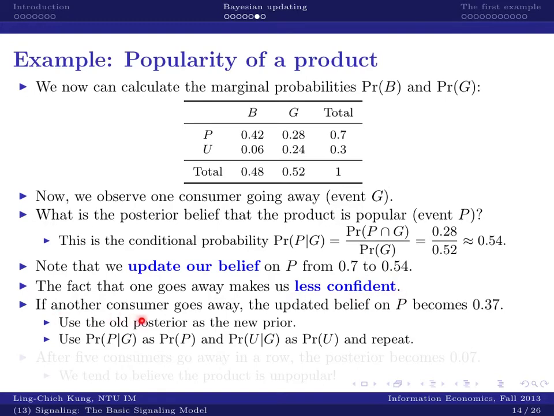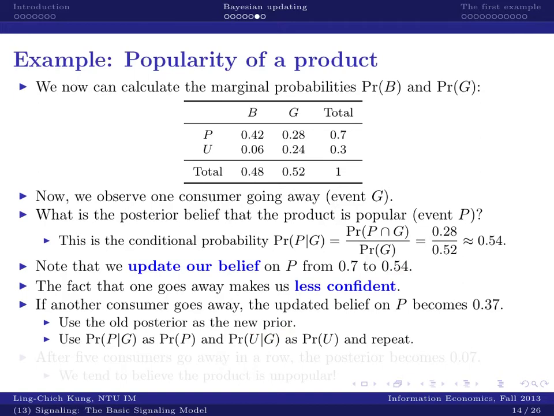If another consumer comes and then goes away again, I will do an update again. In this case, I will use my old posterior beliefs, 54 and 46, as my new priors. You may enter 54 and 46 here, and then do this calculation again. You can see that my belief would become 37% only.